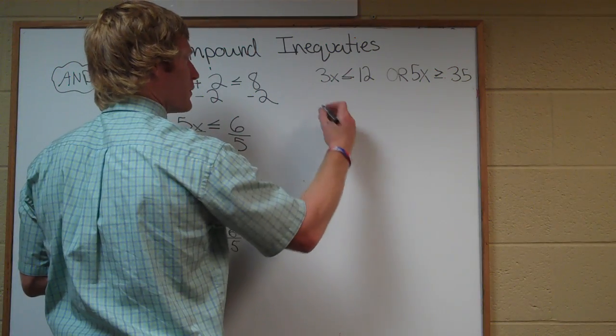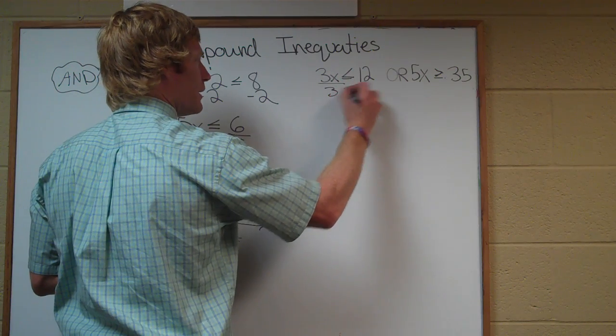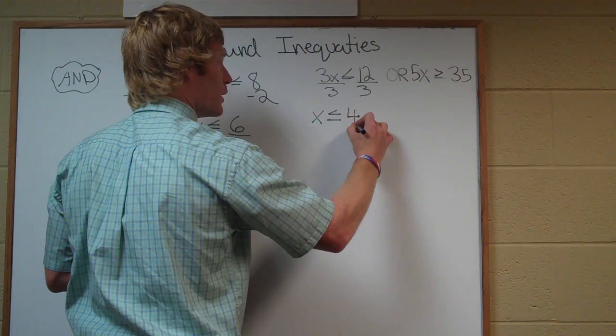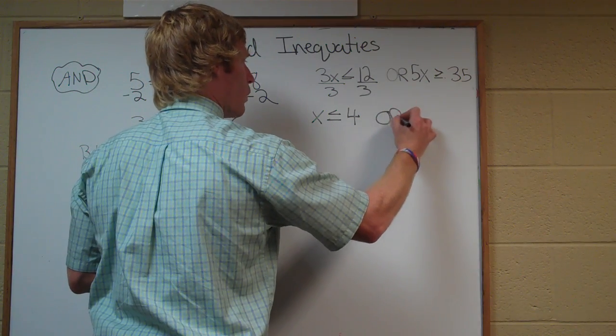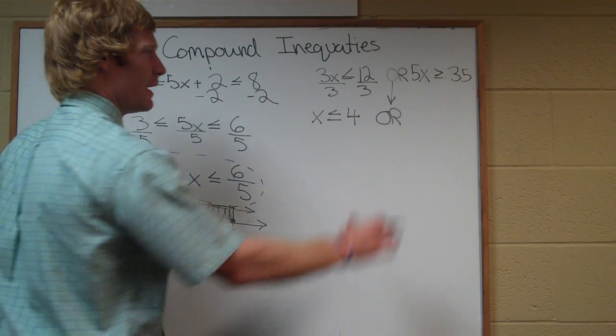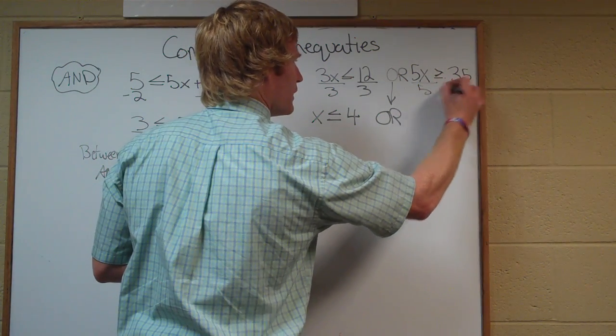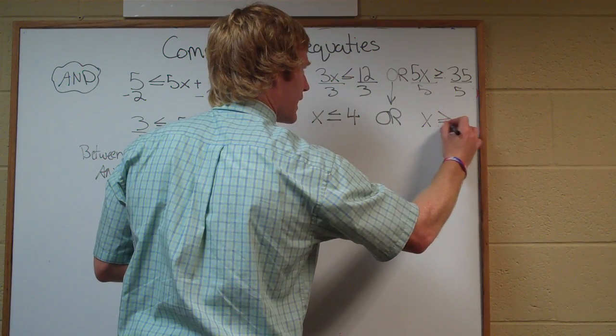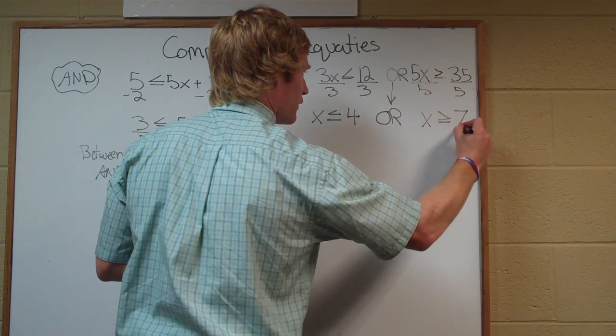So I address this piece first. I divide by 3, and I get x is less than or equal to 4. Or, make sure I always bring that down so when I graph I remember it's an or statement. I divide by 5 for the second piece, and I get x is less than or equal to 7.